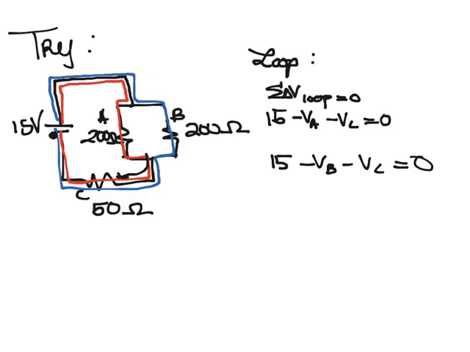Or I could say plus, but I know I'm losing voltage through each of these, so I'm adding a negative number, which is the same thing as subtracting. Those are my loop rules.